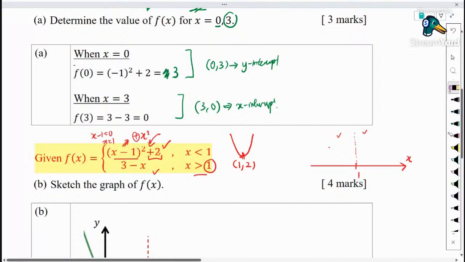However, if you read the question carefully, they are not asking from infinity to infinity. They're asking for the case of x less than 1. So x less than 1 refers to only the left-hand side of the graph. I only want this part of the curve. The rest of the curve is not needed.